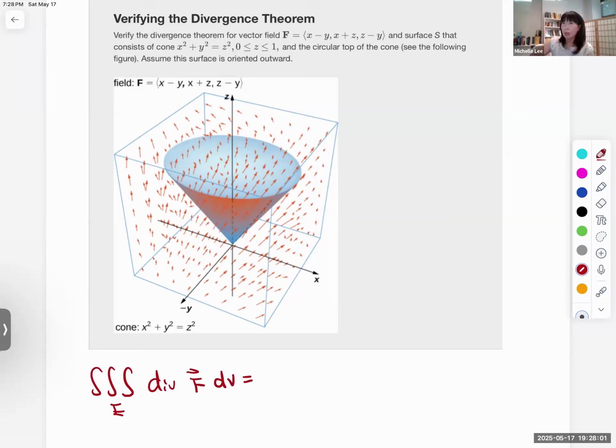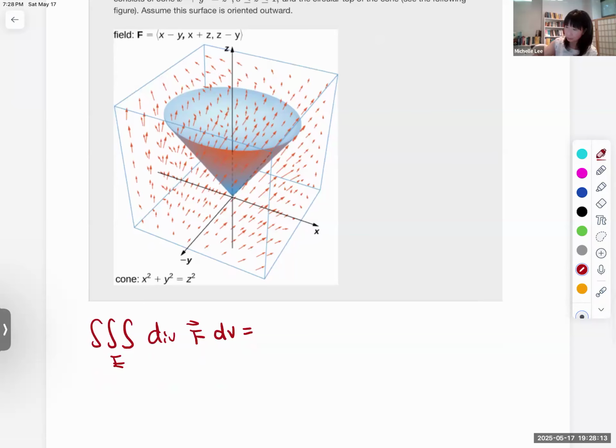Now, what is the divergence of vector field F? It is the dot product of del and the vector field.